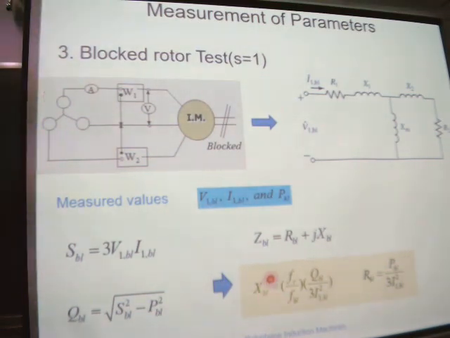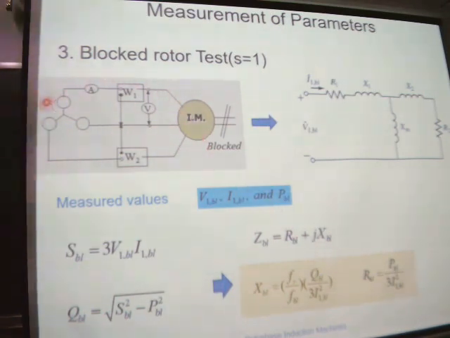Here, this is the reactance part, this is the resistance part. There are two frequencies here: FR and F blocked. They are different because the reactance of an element is proportional to its frequency.